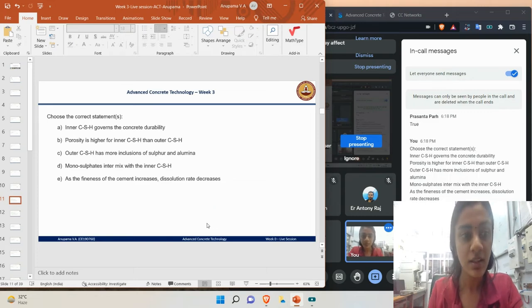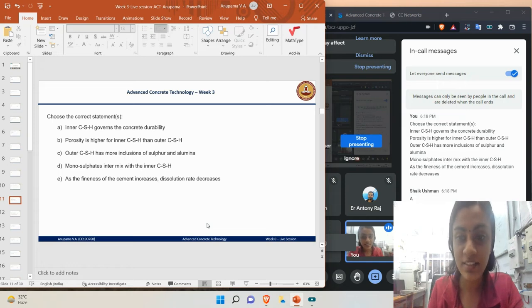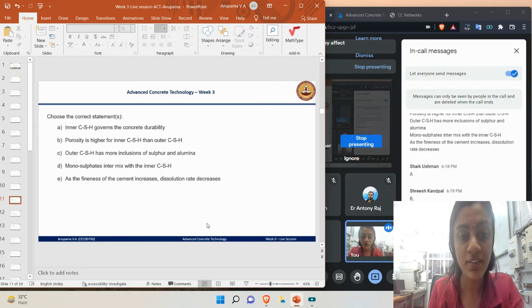The second statement: porosity is higher for inner CSH than outer CSH. The third: outer CSH has more inclusions of sulfur and alumina. Option D: monosulfates intermix with inner CSH.